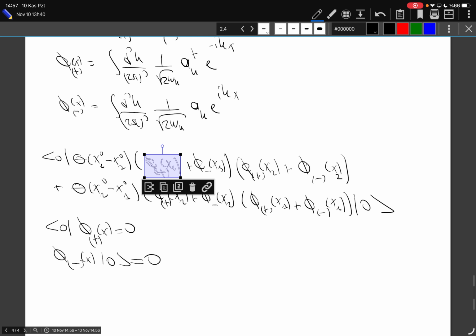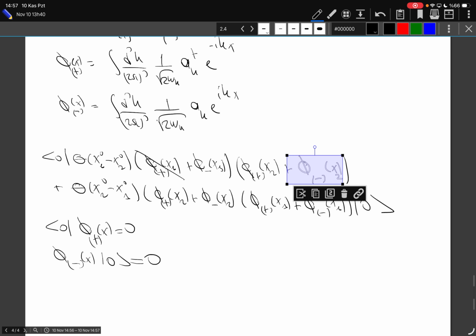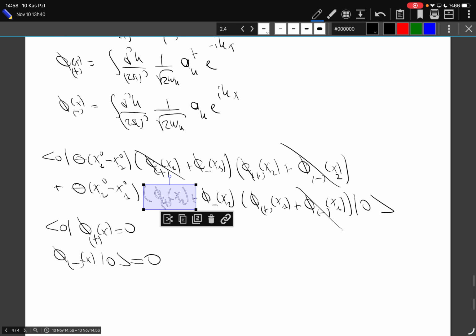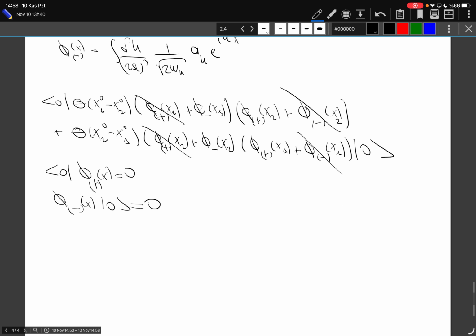That is a phi plus acting on the bra, the empty bra. This term doesn't contribute. It will be the annihilation operator acting on the vacuum. This will not contribute. Again, annihilation operator acting on the empty state. And this will not contribute. Again, the creation operator acting on the bra from the right. So I will not have many terms in my expansion. I will just have a few.